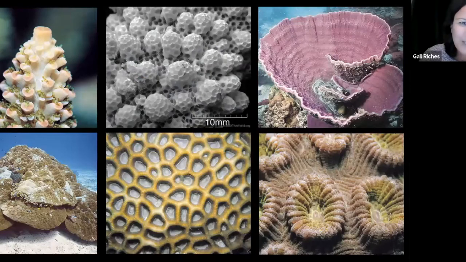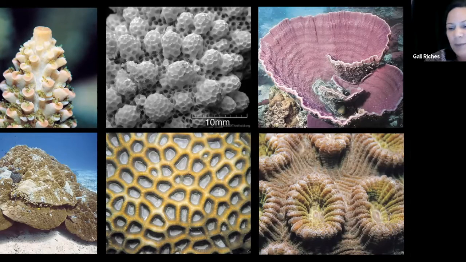So with no further ado, let's begin. Hopefully by the end of this talk, you will be able to identify these hard corals here right down to genus level, based on key characteristics that we use to identify the genus of hard corals. And so hopefully I will show you this picture at the end of the presentation, and you'll be able to identify some of those things that we're going to be talking about tonight.